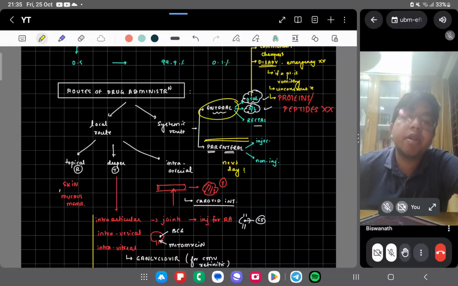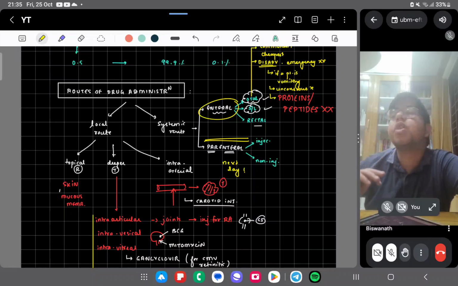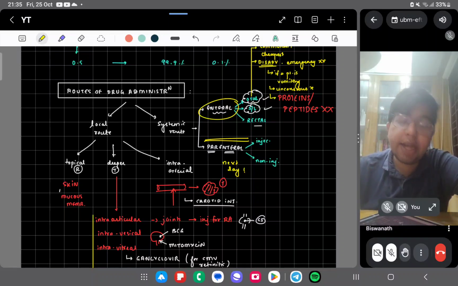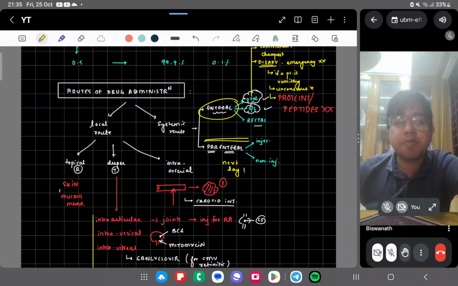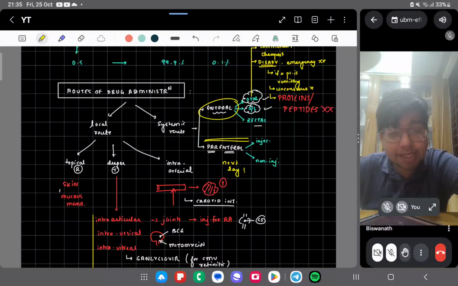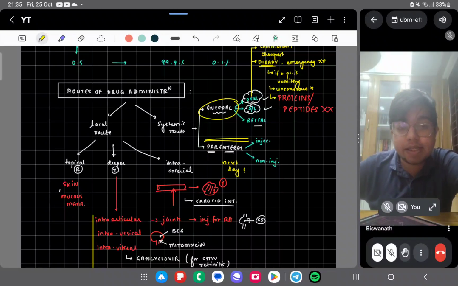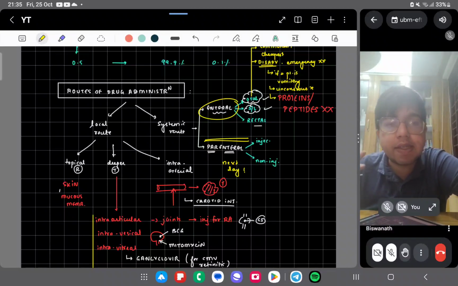What about the transdermal patches, and which patch is indicated for which? You must have heard about nicotine patches for smoking cessation, and we use estrogen patches for hormone replacement therapy, and rotigotine patches used in Parkinson's disease, right?